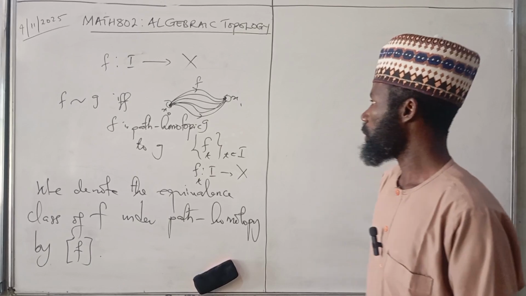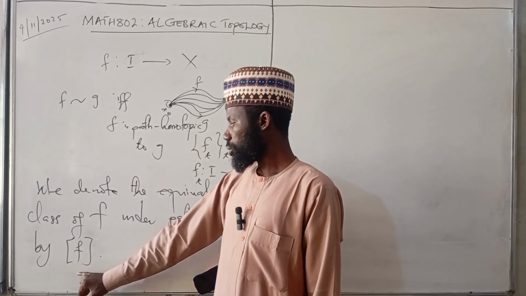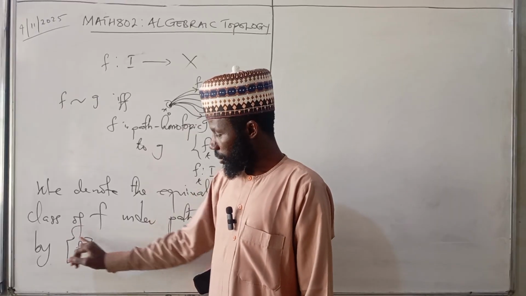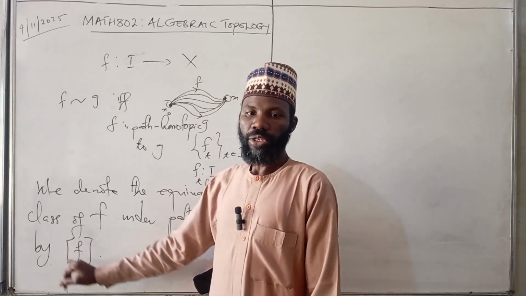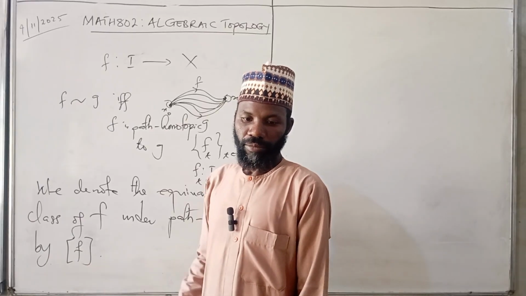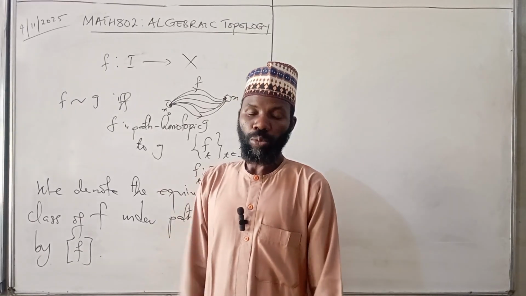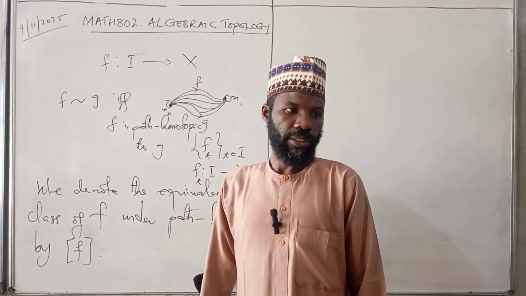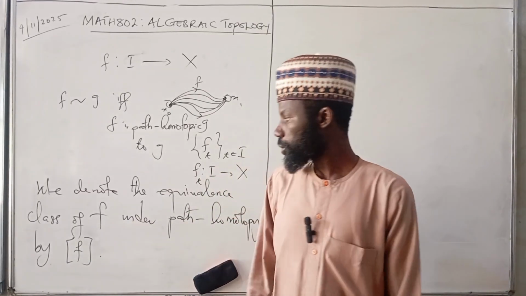Those are the ones that we'll be interested in. What is our target? What we are trying to do is to gather together all these homotopy classes and define a group structure on them, so that we develop a group on the topological space using these paths. I hope it's okay. But then we'll be using loops.